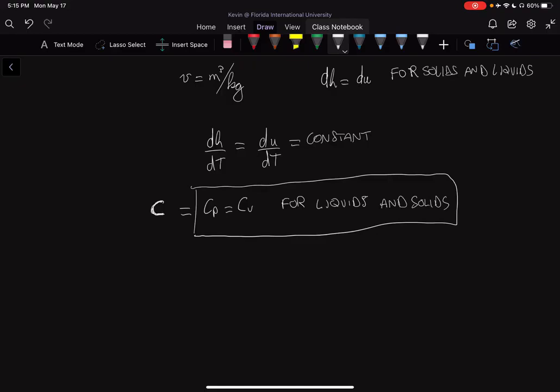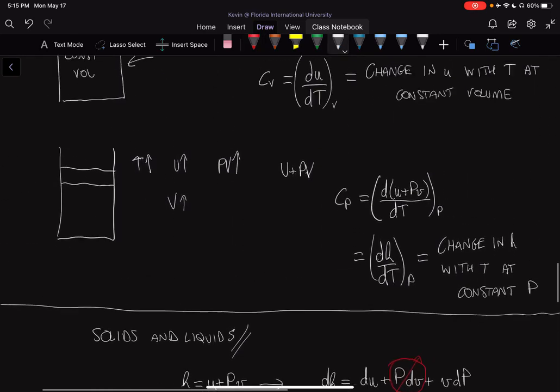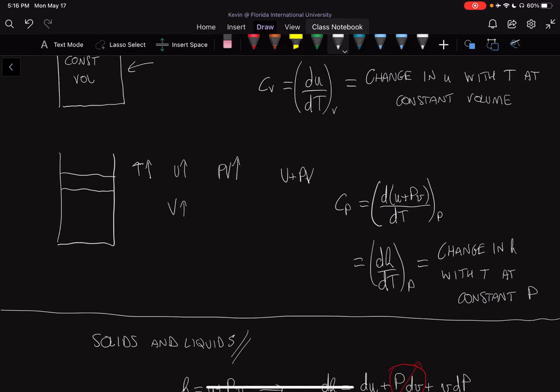And if we look at the equation up here for either dH over dt or Cp is equal to du over dt, we can now write out this equation and rearrange it.